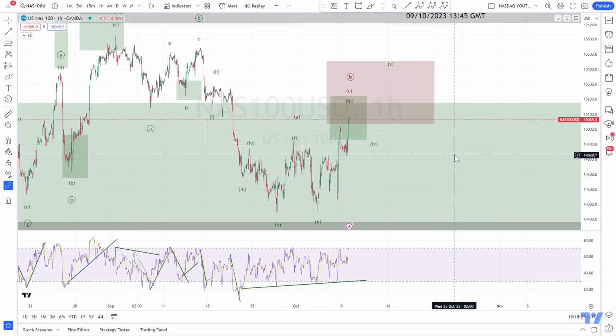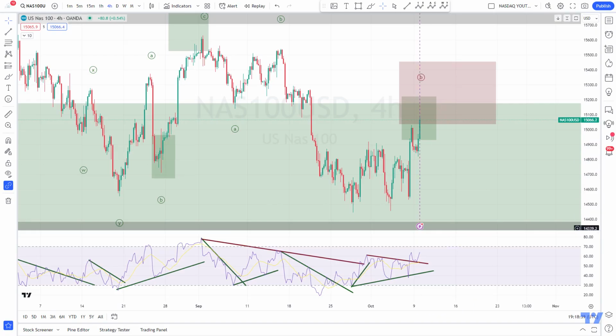In the 1 hour, what we see here, okay, an upward cycle is holding right here. Also in the 4 hour, we have an upward cycle holding. It still looks quite strong here in the 4 hour, but of course everything will depend now on what will happen from here.